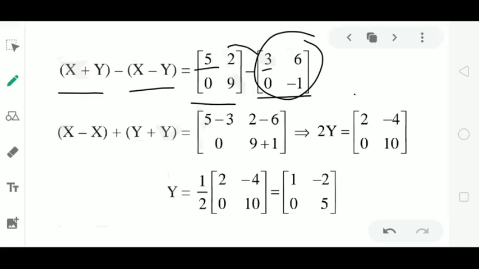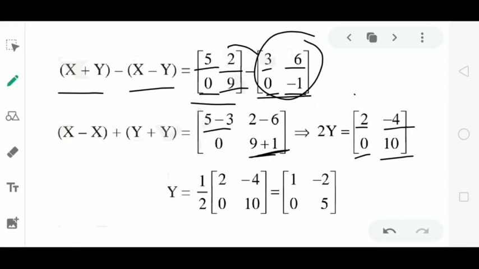5 minus 3 is 2. 2 minus 6 is minus 4. 0 minus 0 is 0. 9 minus minus 1, which is 9 plus 1, which is equal to 10. In the LHS, I can rewrite the terms.